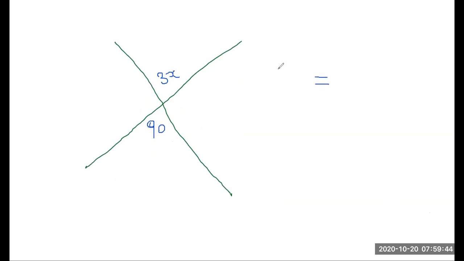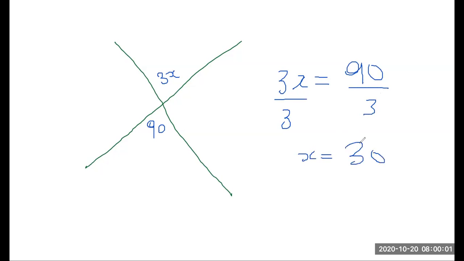They're equal to each other, so 3x is equal to 90. The vertical angles are equal to each other. Then I could go in and find what x is. x is equal to 30. So 3 times 30 is 90, so they are equal. They should be because they're vertical angles.